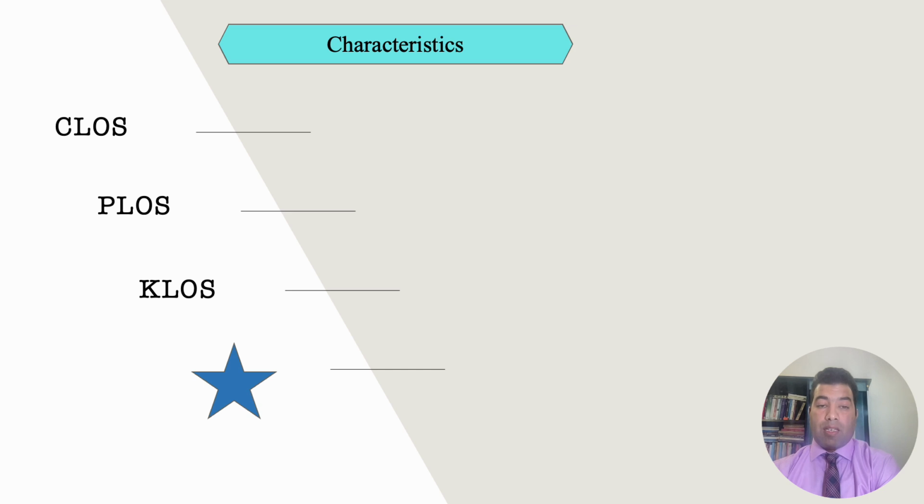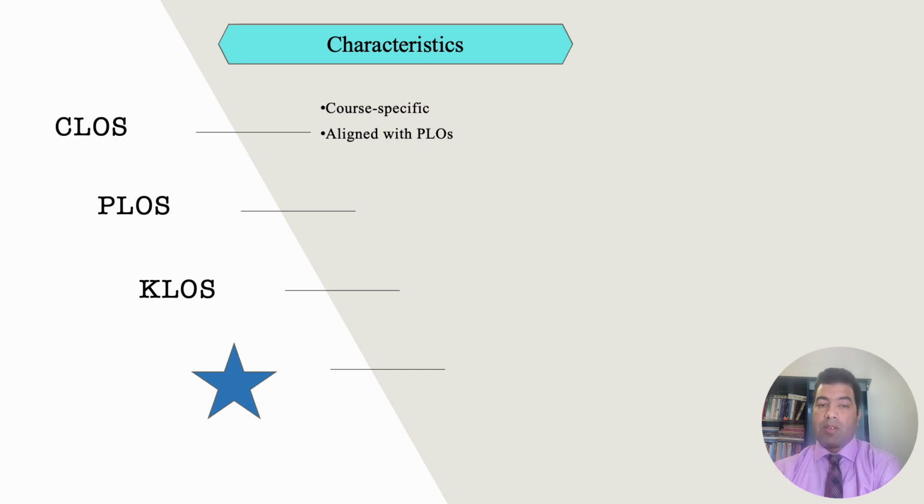The characteristics of CLOs, PLOs, KLOs, and important points: the CLOs are course specific. They are related to one course and they are aligned with the program learning outcome. For example, the BS course will be aligned with the BS program, and the master's courses will be aligned with the master's program.